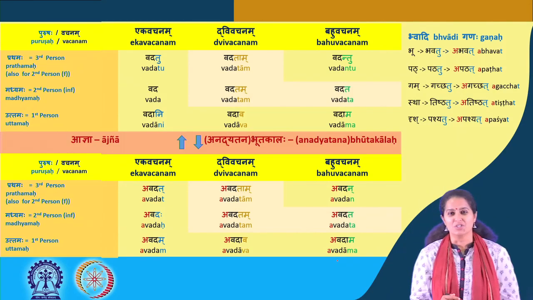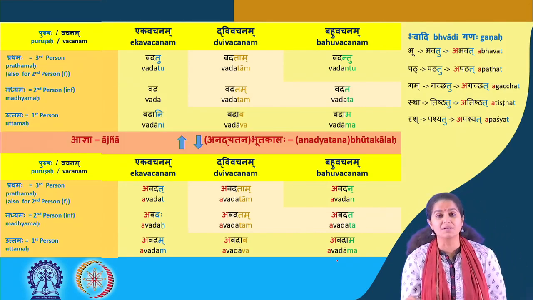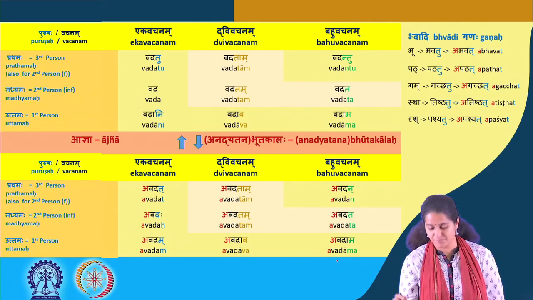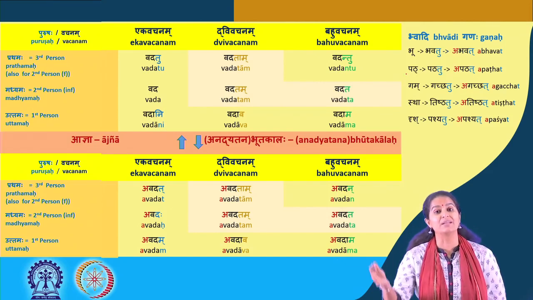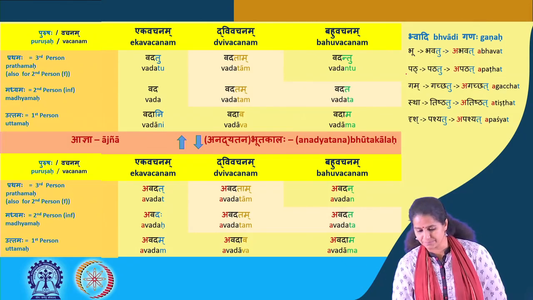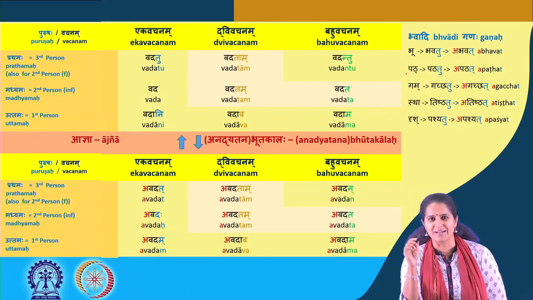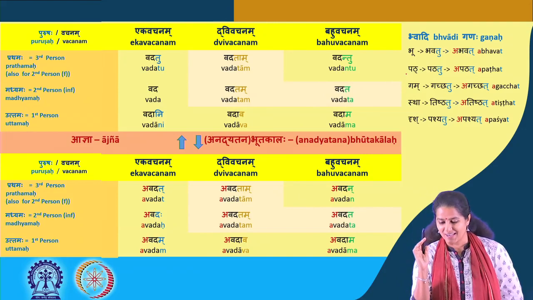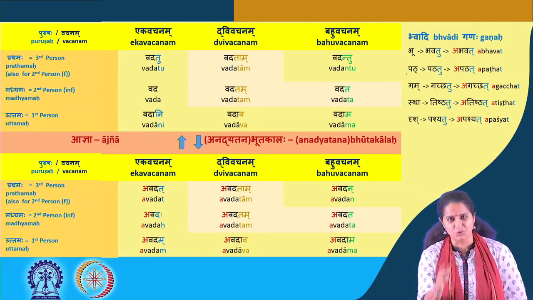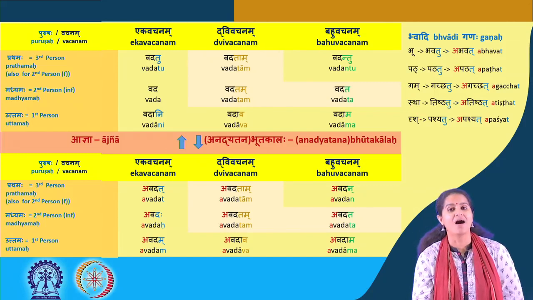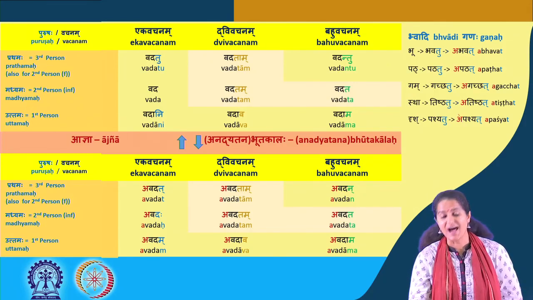Uttamam. So I'd like you next to also observe the chart that we have there of the bhvadi gana verbs that we've looked at earlier. So we have bhu becomes bhavatu, and in the past tense abhavat, pat, patatu, apatat. Uttamam. Gam, gacchatu, and agacchat. Stha, tishtatu, and atishtat.